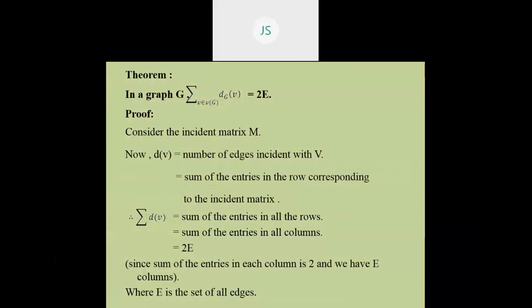The degree of V is nothing but the number of edges incident on that particular vertex, which is called the degree of the vertex.